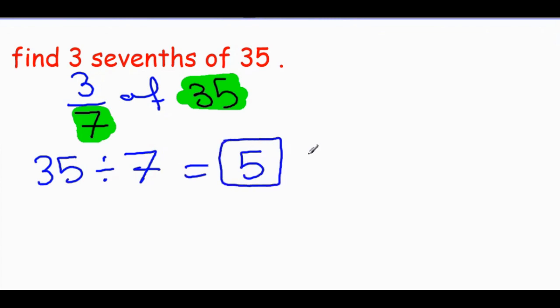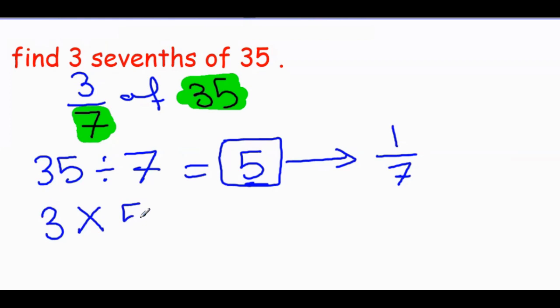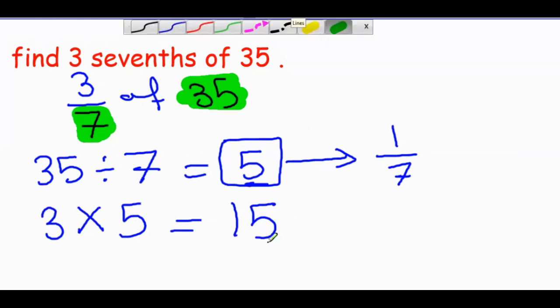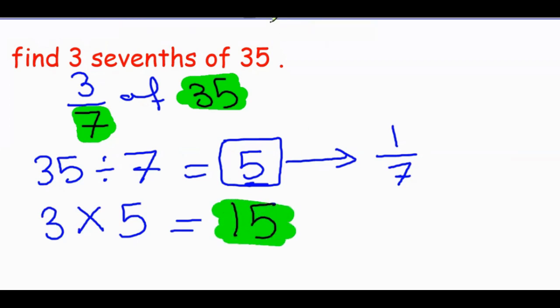This 5 is the value of 1 part from the 7 parts. I want 3 parts out of the 7 parts, so I will multiply 3 times the value of 1 part. The value of 1/7 is 5, and 3 times 5 is equal to 15. So the answer is 15. So 3/7 of 35 is equal to 15.